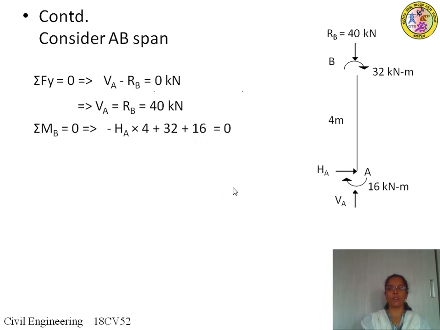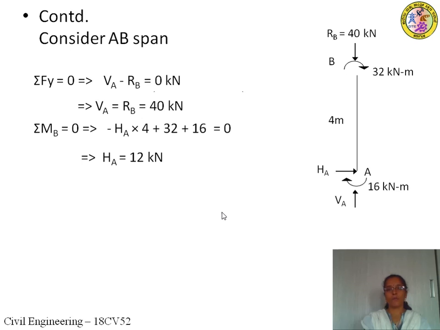That is equal to 0. The moments of VA and RB about B will be 0 because they are acting in line with B. Therefore, the moments induced by VA and RB will be 0. So that gives the value of HA as 12 kilonewton.